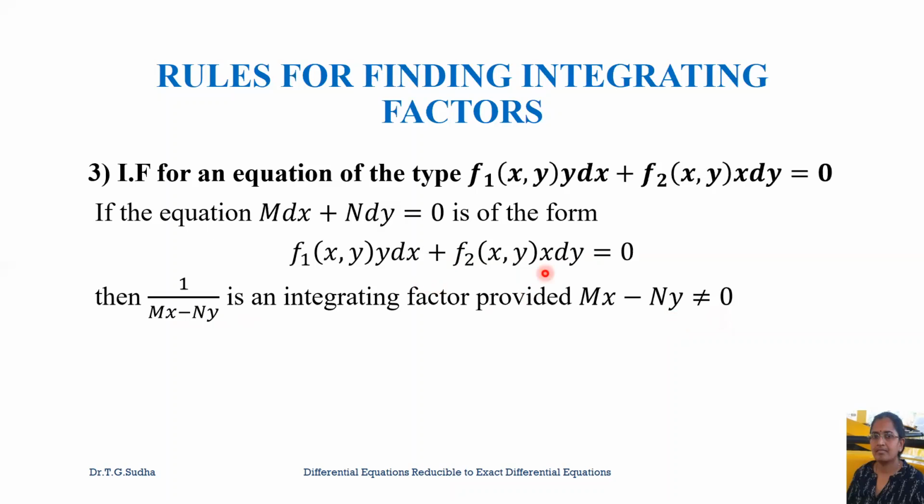So if we have an equation of this type, and Mx - Ny is not equal to 0, then 1 over (Mx - Ny) is the integrating factor. We multiply the equation by this factor, make the equation exact, and solve it using the method for solving an exact differential equation.